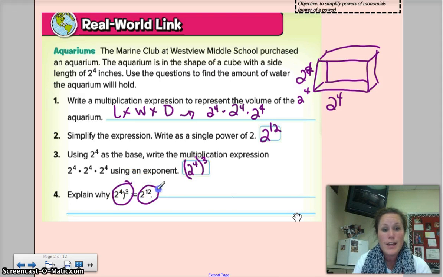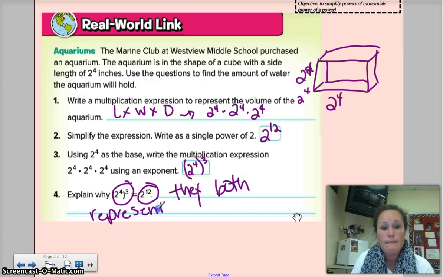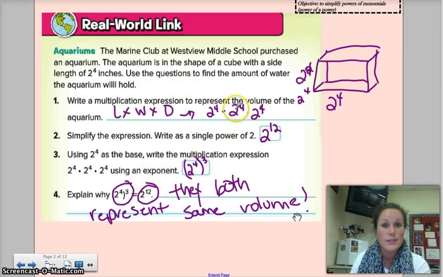So this and this are equivalent. Well, why are they equivalent? Well, we just proved it. They both represent the same volume of that aquarium right here. Okay, they're equivalent. We've proved it by showing you how the previous lesson links us to this.